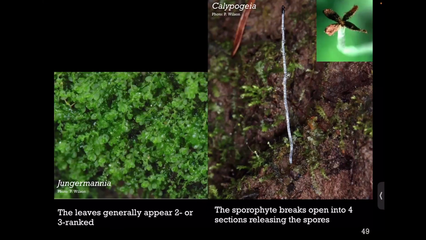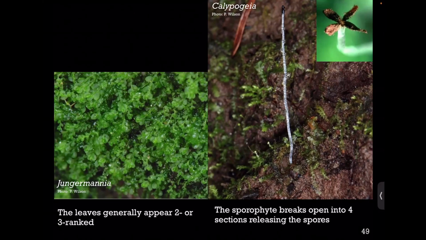And then here are a couple of leafy liverworts. So leafy liverworts, you might mistake for mosses. I don't think I would, not normally, and I'm not sure why. It's not because of what I'm going to tell you. It's just I have a feeling. So here's some things that I'll tell you. If the leaves are in 2 or 3 ranks, it's probably a leafy liverwort, whereas if the leaves are spirally arranged, it's probably a moss.